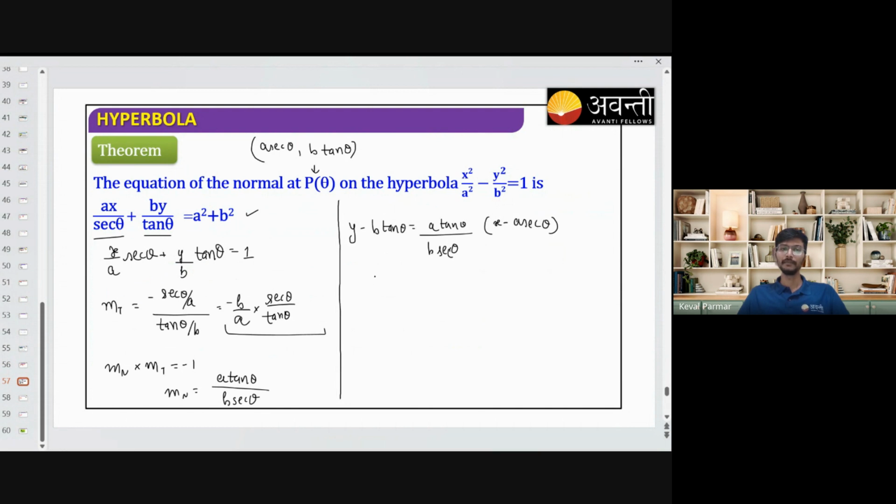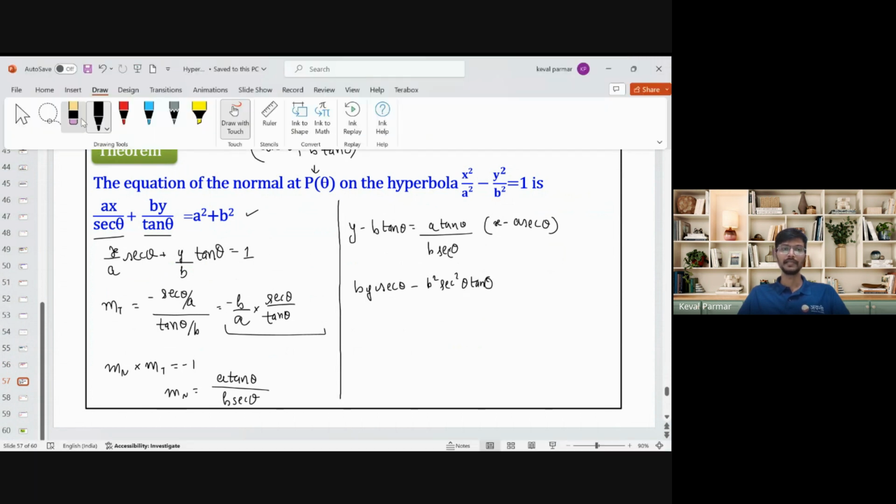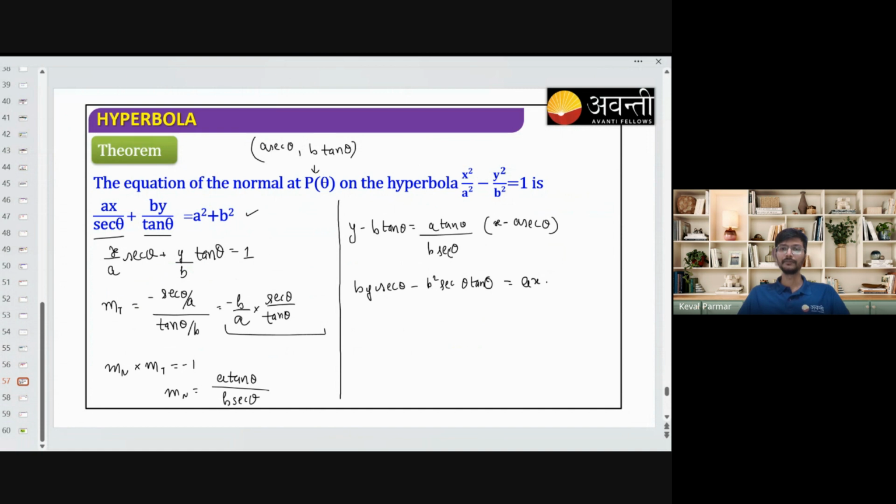If we cross multiply, we'll get a by sec theta minus b square sec theta tan theta is equal to a x tan theta minus a square sec theta tan theta.